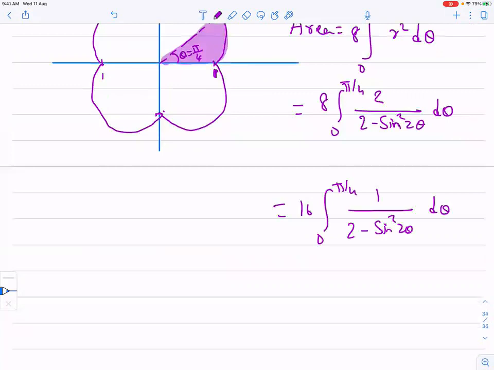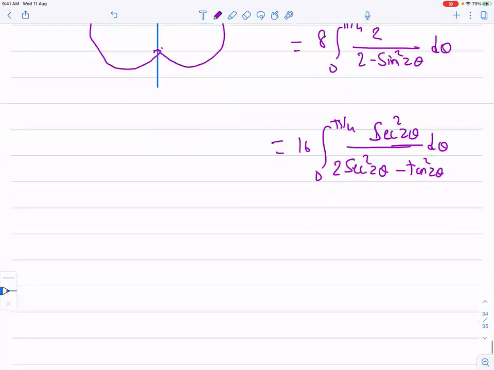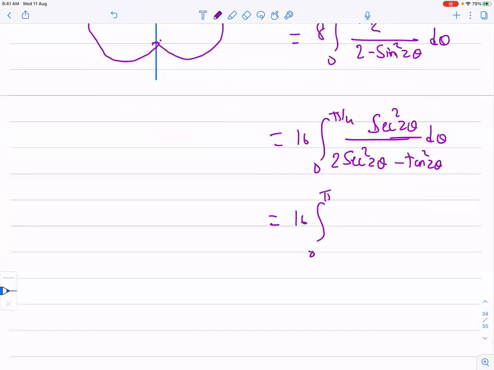Numerator and denominator I'll divide with cos square. If I divide, what will happen? इधर sec square आएगा, नीचे 2 sec square 2 theta minus tan square 2 theta आएगा, divide with cos square. Sec square को 1 plus tan square लिखो, 16 times integral 0 to pi by 4 sec square 2 theta d theta upon 2 plus tan square 2 theta.